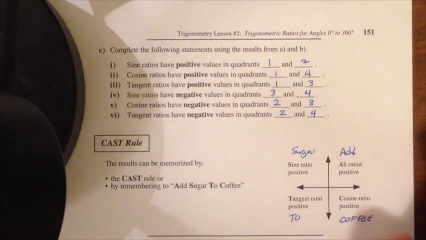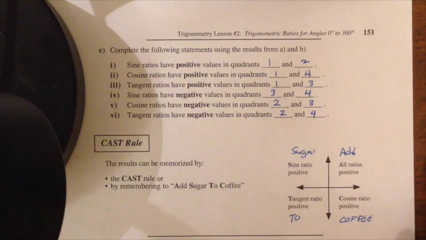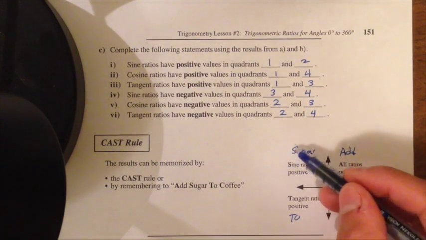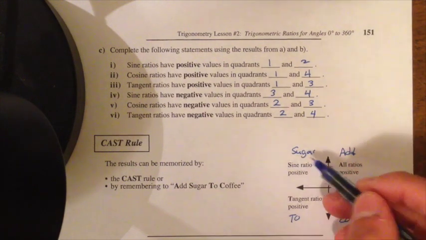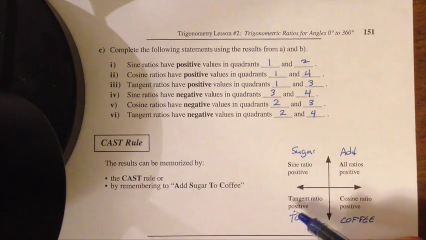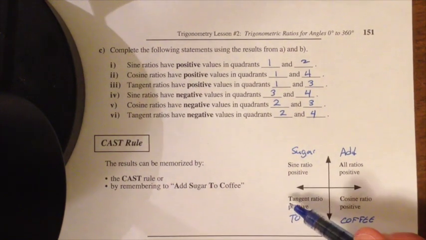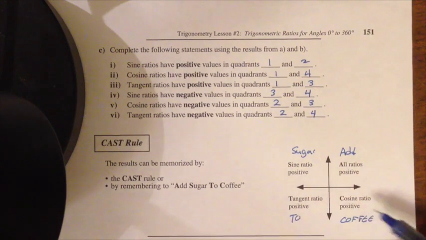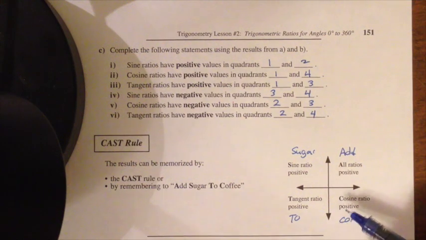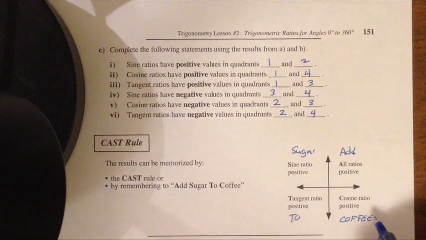So our sine ratios, our cosine ratios, and our tangent ratios are all going to be positive in quadrant 1. Sugar, S for sine, is going to be only the sine ratio is positive. To, T for tangent, only the tangent ratio is positive, and coffee, C for cosine, only the cosine ratio is positive in quadrant 4.